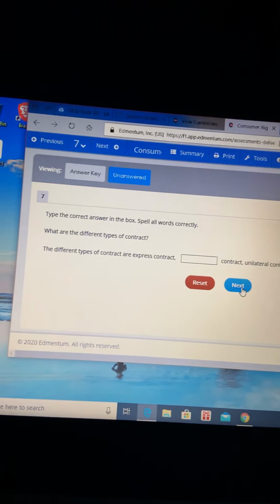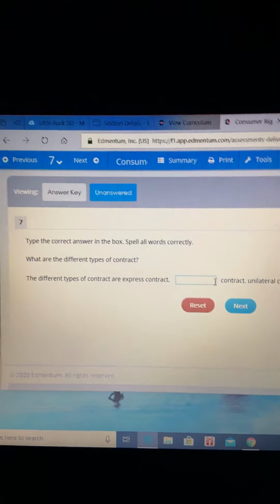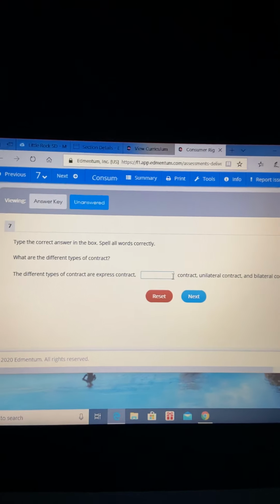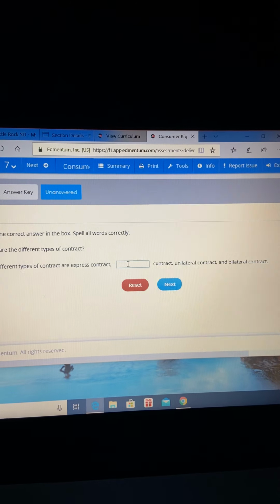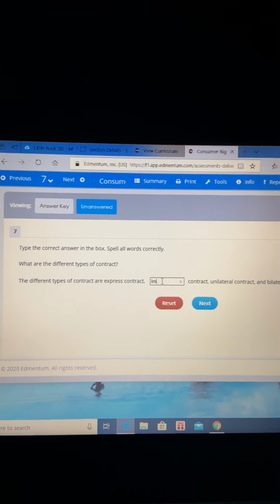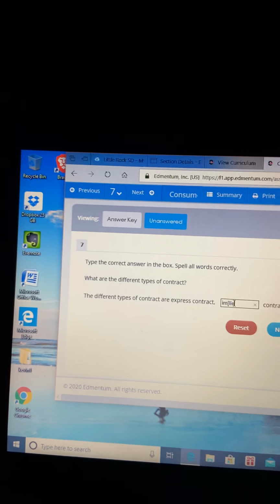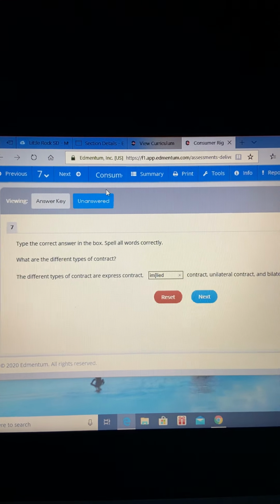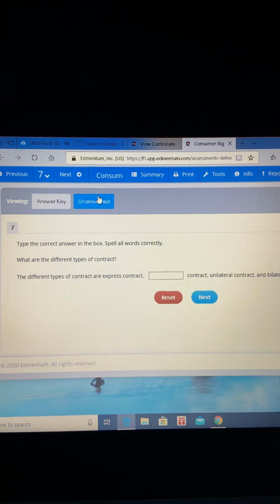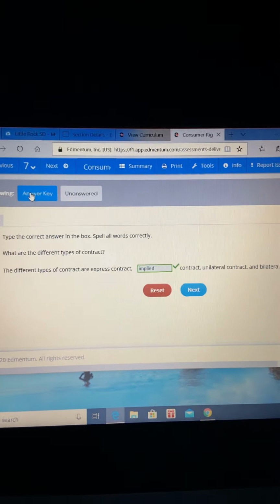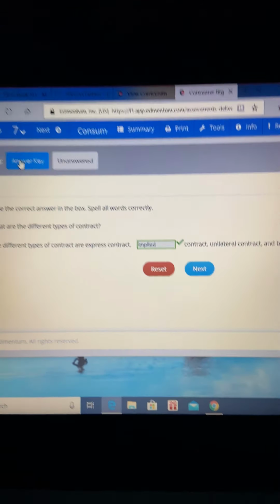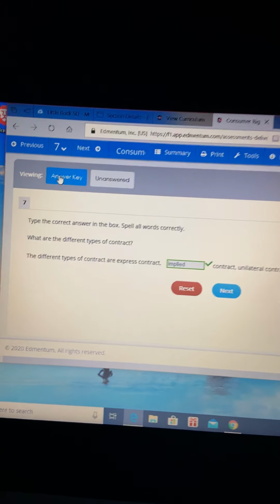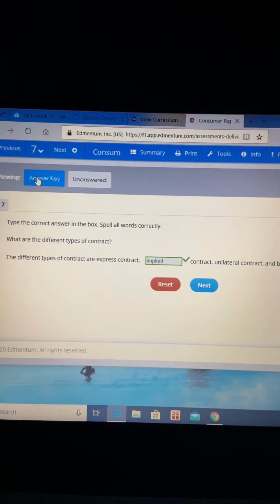7. What are the different types of contracts? The different types of contracts are express, blank contract, unilateral contract, and bilateral contract. We remember that implied was also on that multiple choice from earlier. Implied is the other type. That's the type that's not necessarily signed, sealed, delivered.